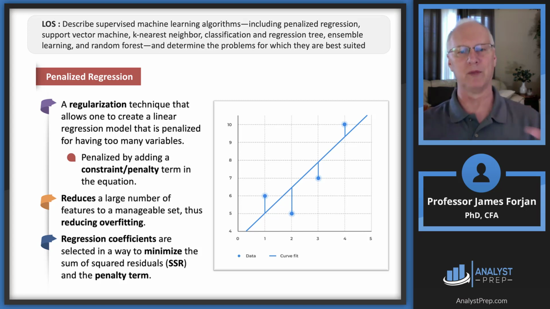Well, with machine learning, we're not worried about any of that because we don't have those same underlying assumptions. But we still don't want to add variables just for the sake of adding them. So the question becomes, how can we know if we're adding a variable that's going to add value to the model?